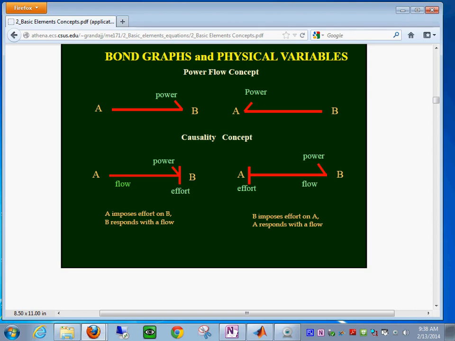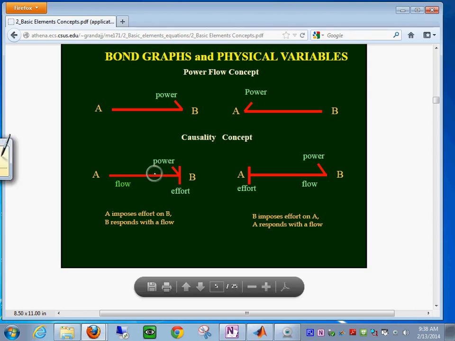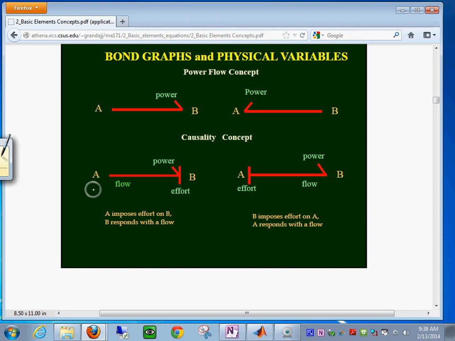In this case, the output of A is the input to B, and the output of B is the input to A. So that's how we should read this.